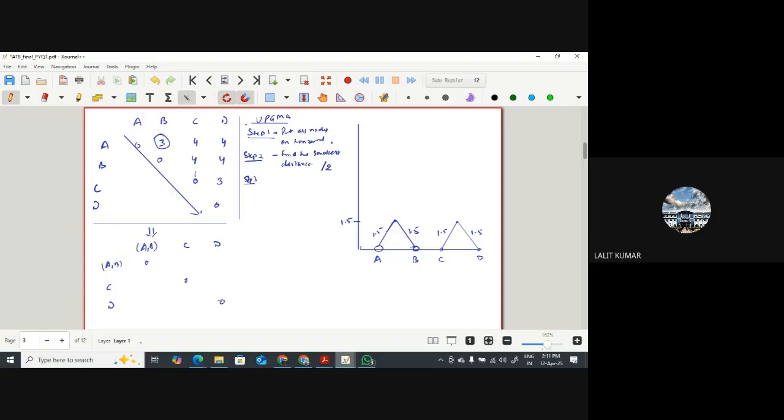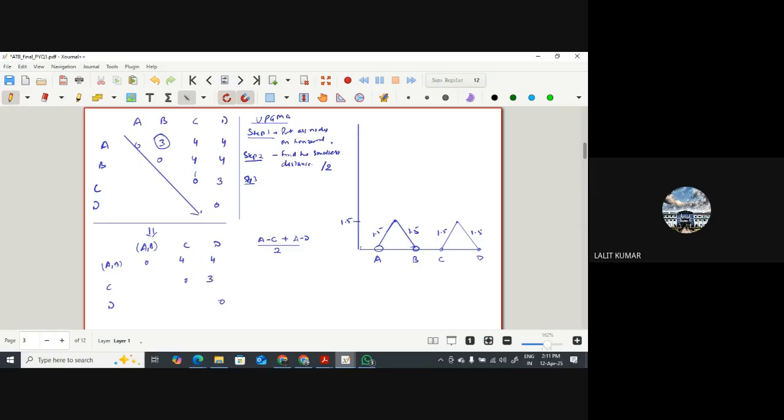To find the distance between AB and C, it will be A to C plus B to C divided by 2. A to C is 4, B to C is 4, so this becomes 4. A to D is 4, B to D is 4, so this also is 4. C to D is 3.